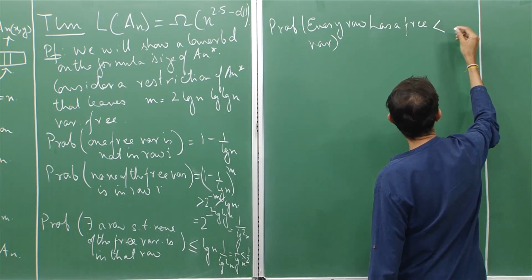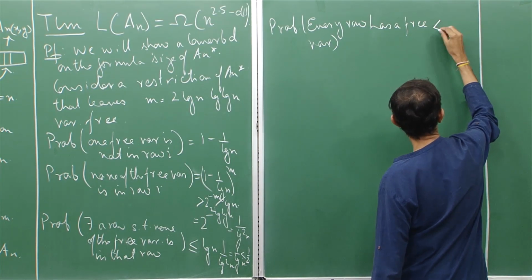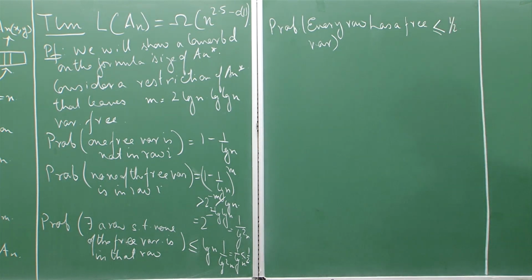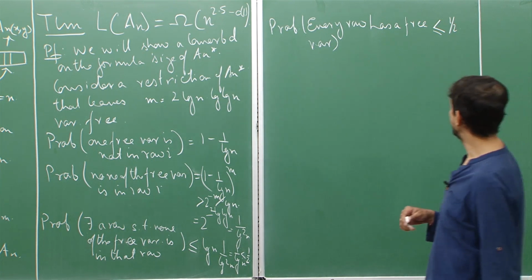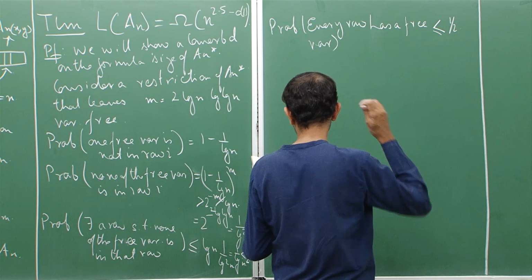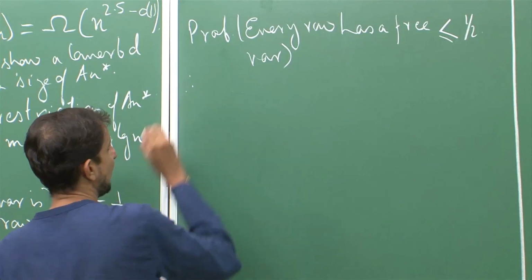So, it is 1 minus this, so it is less than or equal to half, and that is what we want. Okay. So, what does this mean?